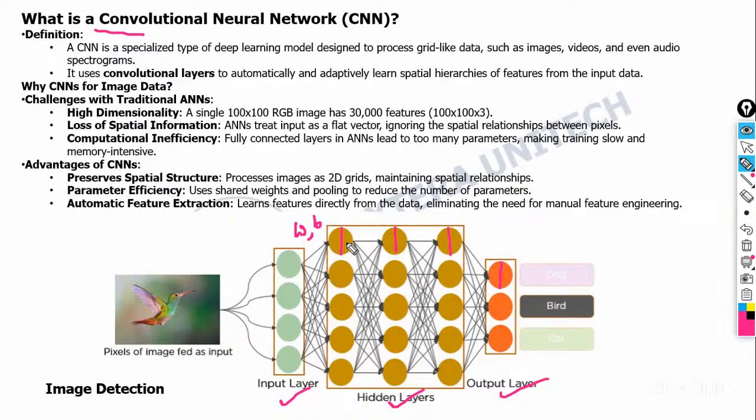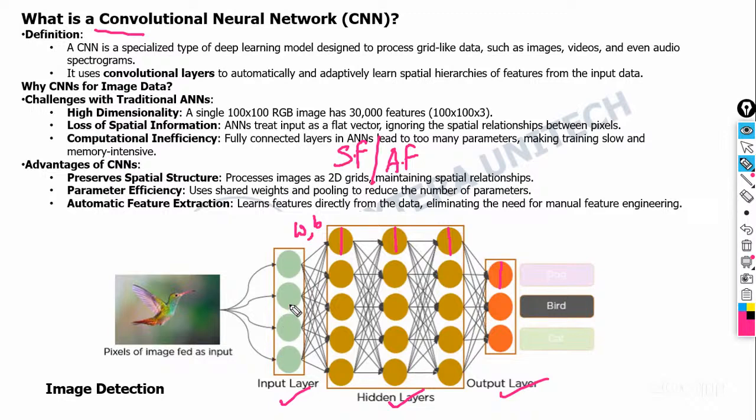So the two parts that we have in a neuron of hidden layers and output layer are the summation function and the activation function. Do we also have the same two parts in the input layer neurons?